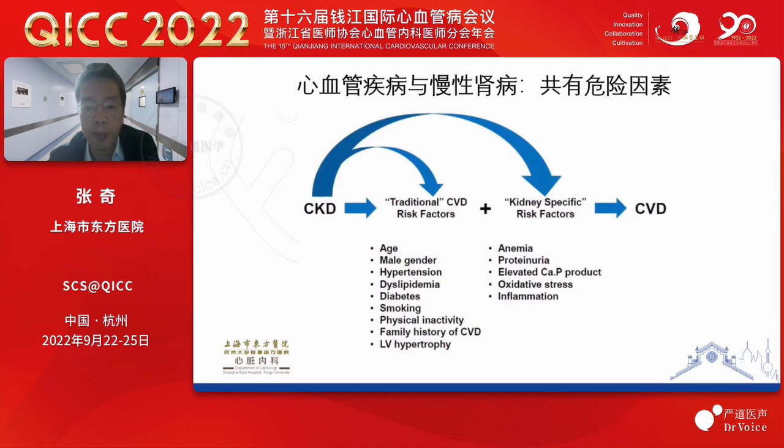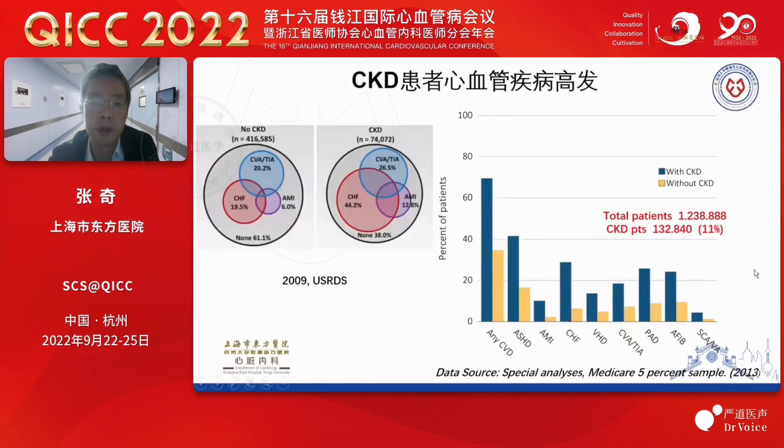Sometimes we talk to the nephrologist and say that many chronic kidney disease patients have concomitant cardiovascular disease. We also see that CKD patients usually have a very high incidence of cardiovascular disease, no matter whether heart failure or other cardiovascular diseases.